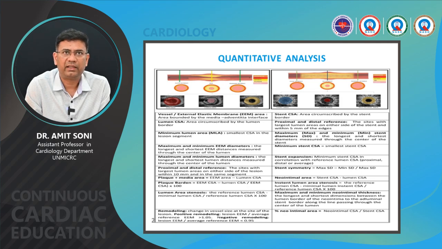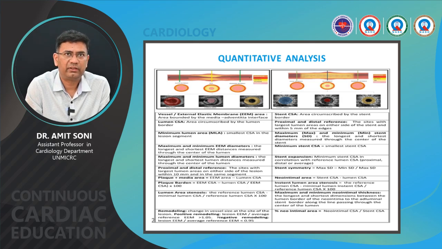Minimum lumen area is the smallest cross-sectional area in the lesion segment. Maximum and minimum external elastic membrane diameter are the longest and shortest EEM diameter measured through the center of the lumen. Maximum and minimum lumen diameter are the longest and shortest lumen distance measured through the center of the lumen.